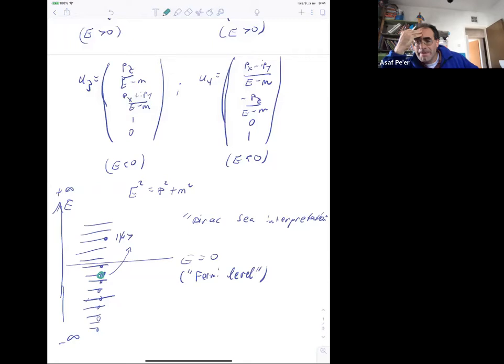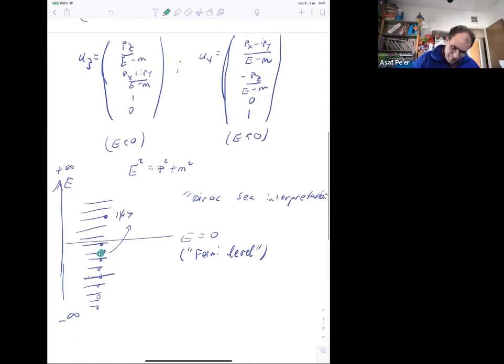It's just a hole in a completely filled sea. So holes in the Dirac sea would correspond to positive energy antiparticles, of course, with the opposite charge.